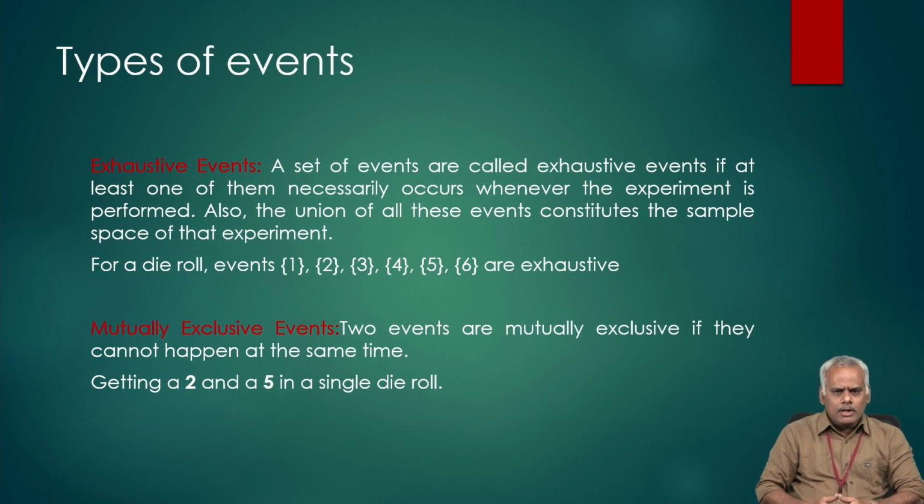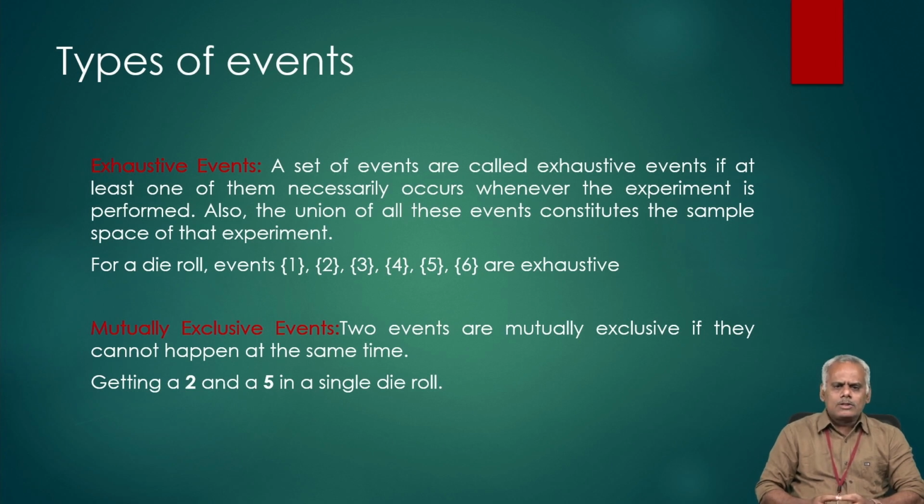A set of events are called exhaustive if at least one of them necessarily occurs when the experiment is performed. Also, the union of all these events constitutes the sample space of the experiment. So for a die roll, events 1, 2, 3, 4, 5, 6 are exhaustive.